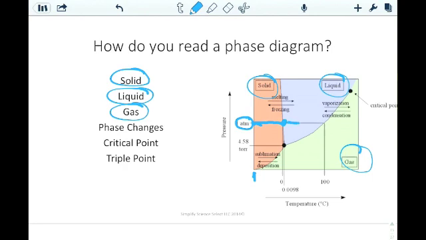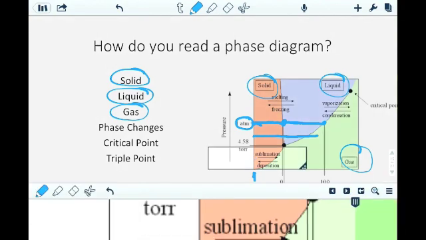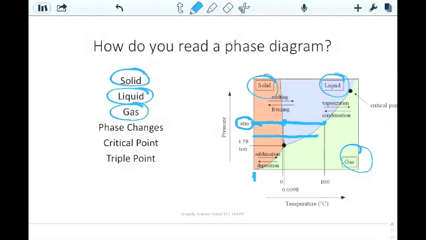And then you move into a liquid. And then going from a liquid into a gas, you have your boiling point, or vaporization. And so this is the normal change, going from solid to liquid to gas. We can also go from our solid straight into our gas, that's sublimation, and back and forth there, but that's the normal transition.